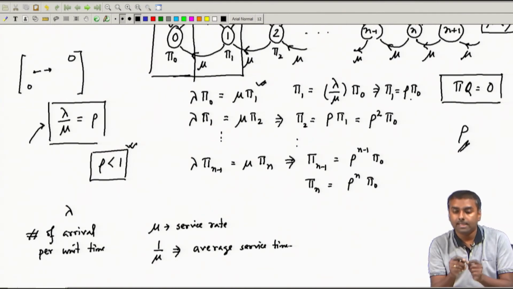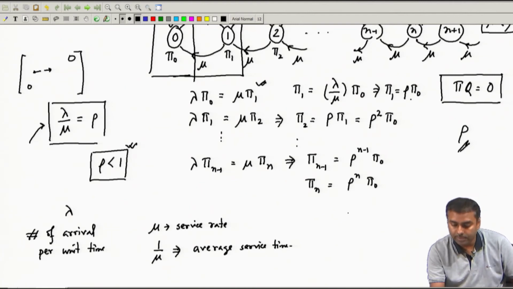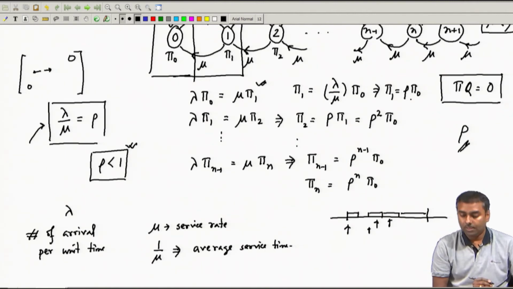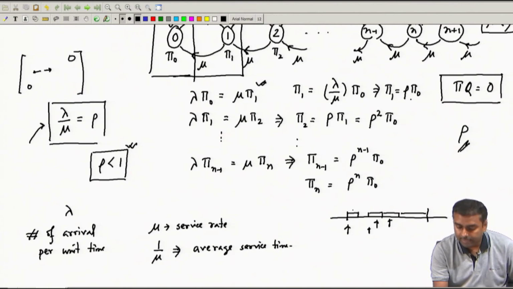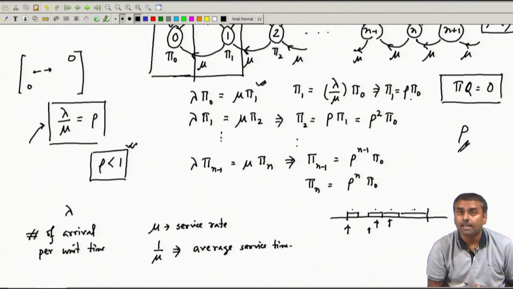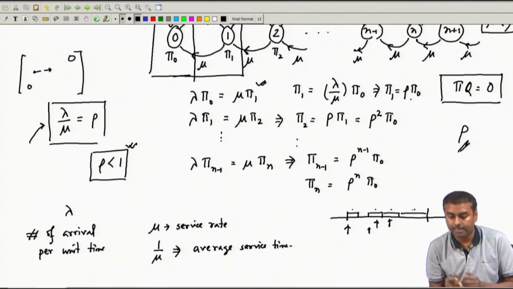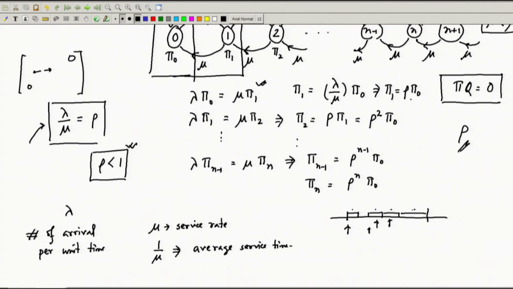So, on an average how much time per unit time do I need to serve all of them? Suppose some of them are arriving, I am actually putting them one after another. So, if I take this average service time multiplied by lambda, that is within unit time, it gives the average fraction of time that is being occupied.